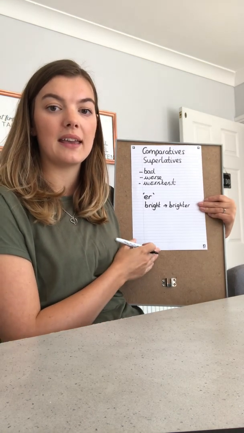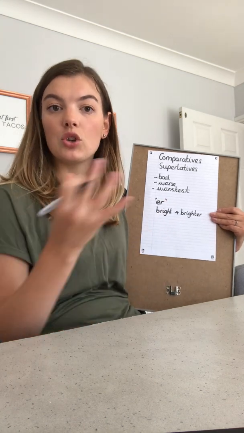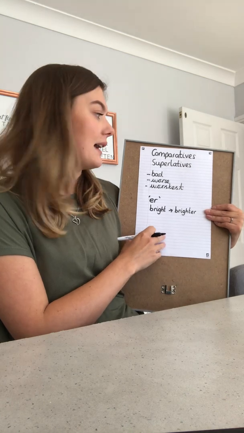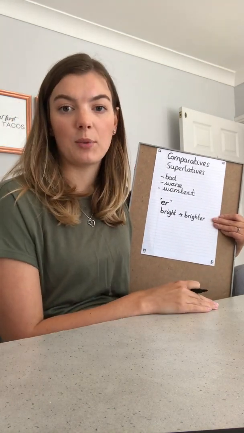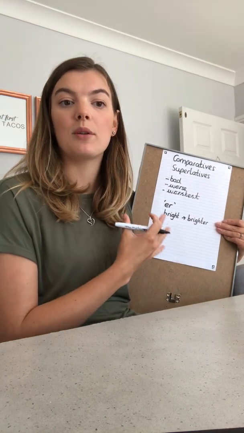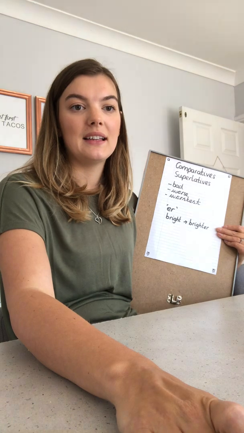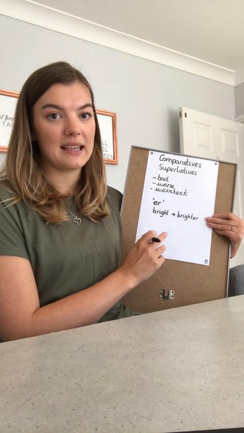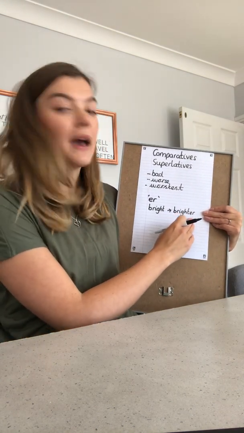Then you can use it to compare. So you might say, my torch is brighter than yours. You're comparing two things. You might say, my lamp is brighter than yours. Again, you're comparing two things. Okay? So, when you add the suffix er, that's when you compare something.